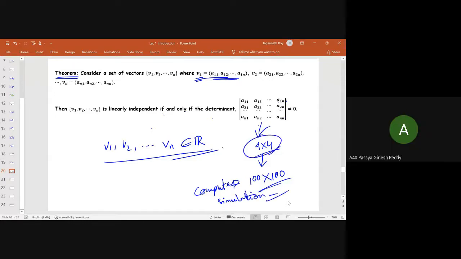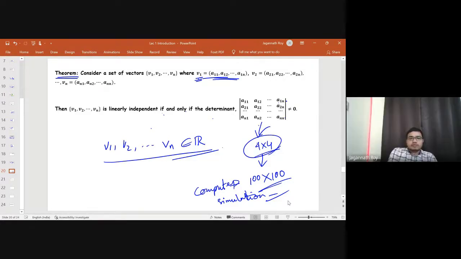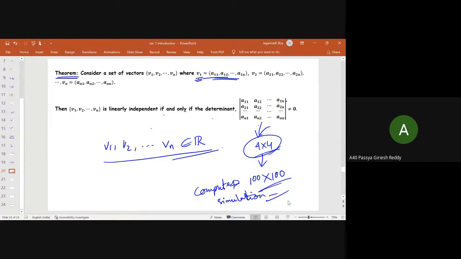Sir, what if the number of dimensions and vectors are different? Number of vectors and the dimension are different. Yes, sir. Okay.